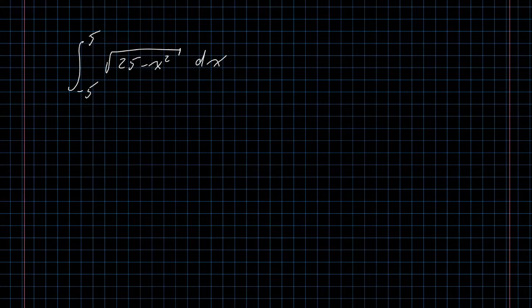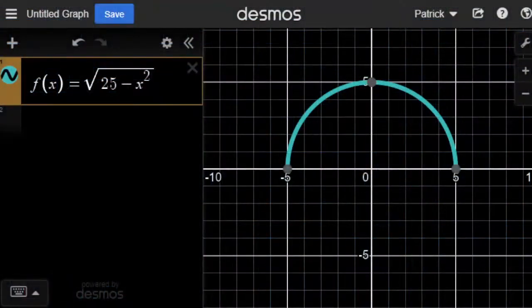If we go ahead and graph this curve, we get a shape that looks like this, which is a bit of an odd looking arc, which you may recognize right away, you may not.